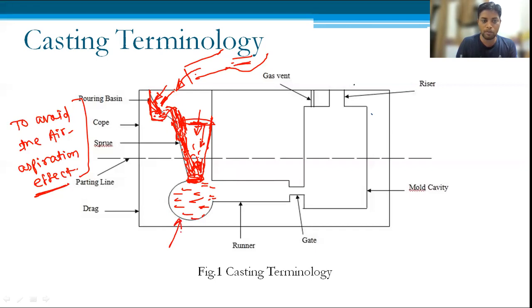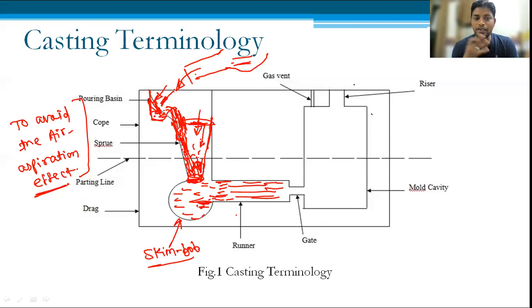This is the skim bob. Now it is filled, and once it is filled up to this level, it will travel towards the runner. Because it is a horizontal passage, it will move towards this side. If we are talking about a 100% pure material, one containing a single element, there is no need to classify.